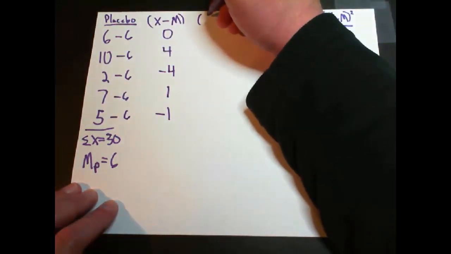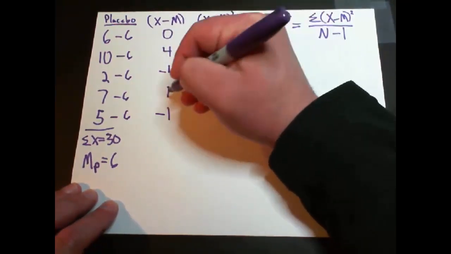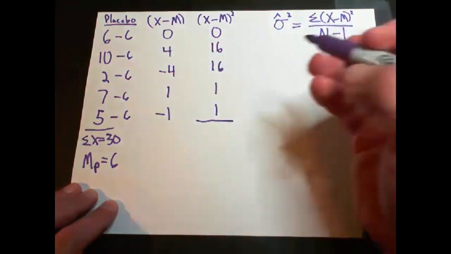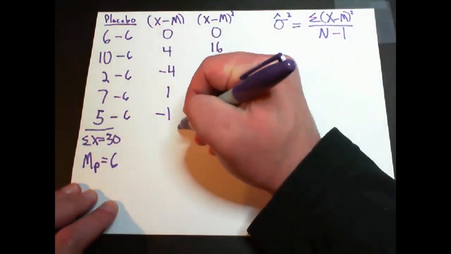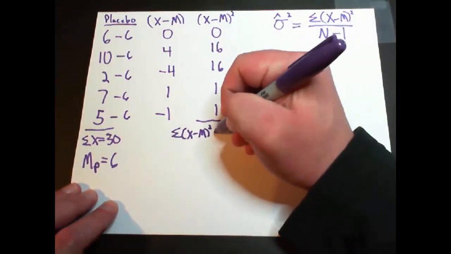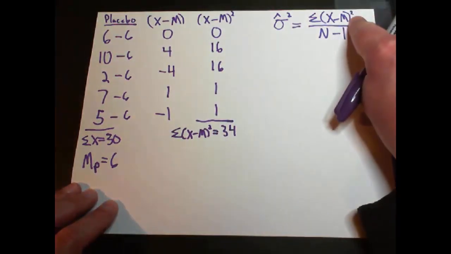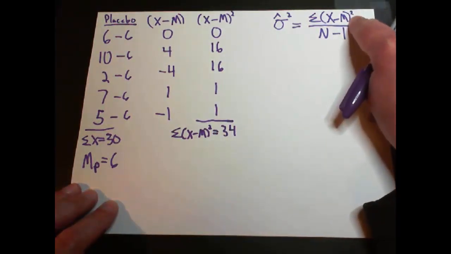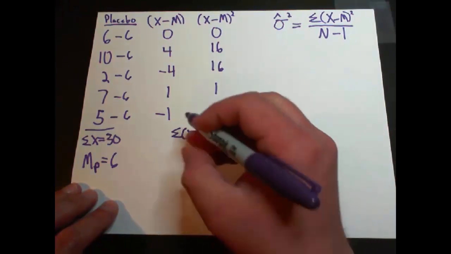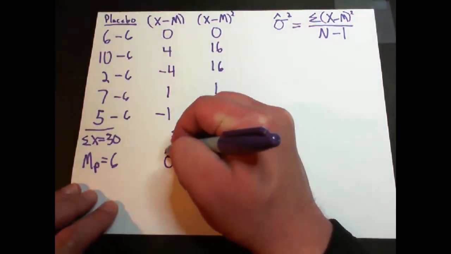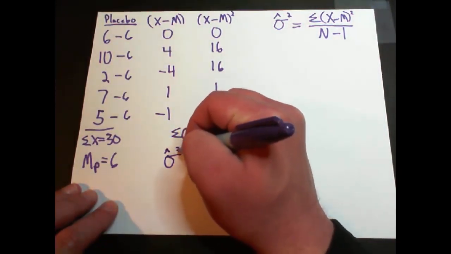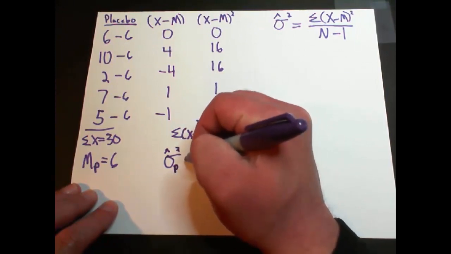Now we need those squared mean deviations. And now we need to get the sum of the squared mean deviations. Okay, so we have this piece. Now we need to get the estimated population variance for this placebo group.